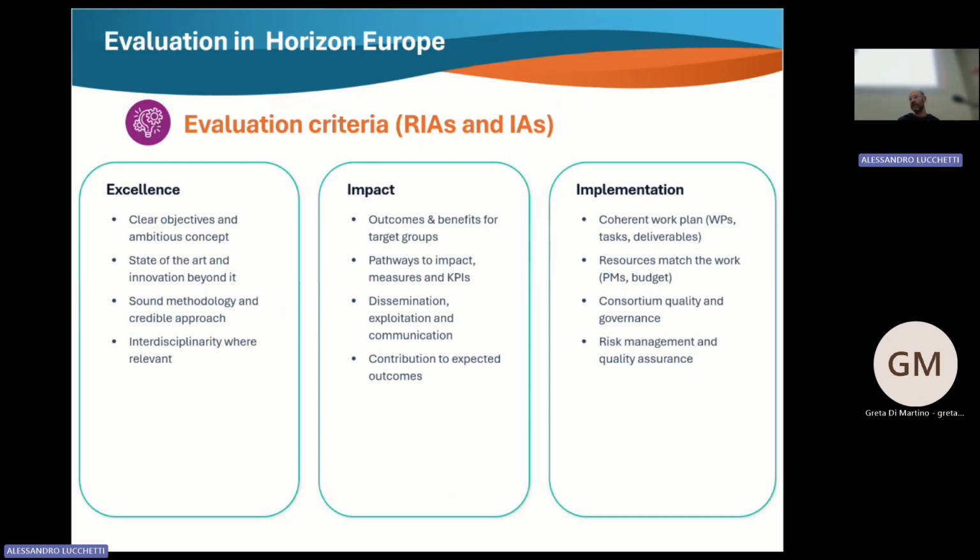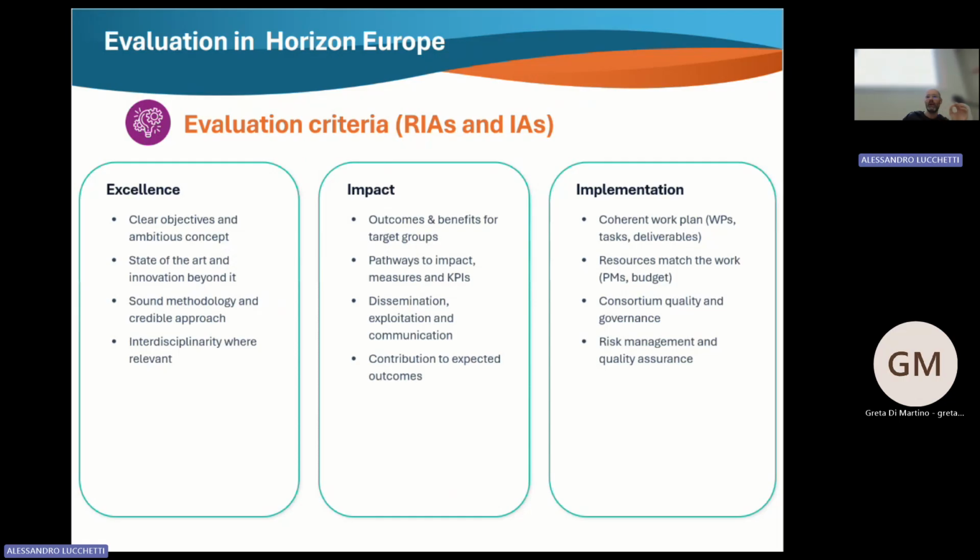Therefore, the key point is to provide the right consortium that covers all the different responsibilities and all the different competencies in the project. For the impact, you have to demonstrate what the outcome and the benefit are for the key target group of the project.